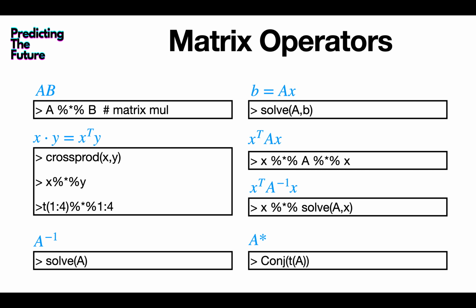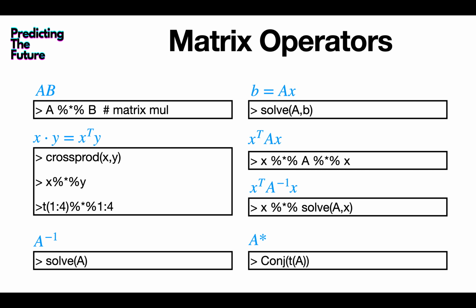The quadratic form is similar: X transpose, capital matrix A, times another vector X. So we can write that the R way as X multiplication of A multiplication of X. That's how we calculate the quadratic value of that equation.